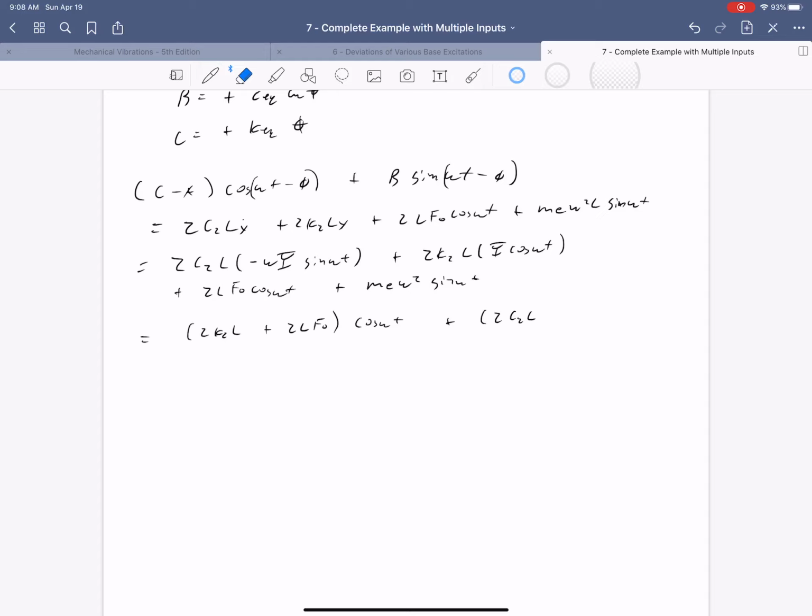2C2L, this is actually negative omega y. I'm missing something here, I'm missing this y, and then let's make the notations the same order, so negative 2C2L omega y, plus me omega squared.